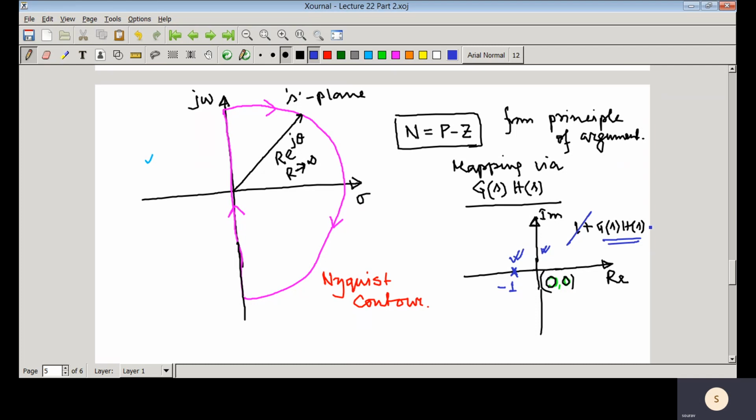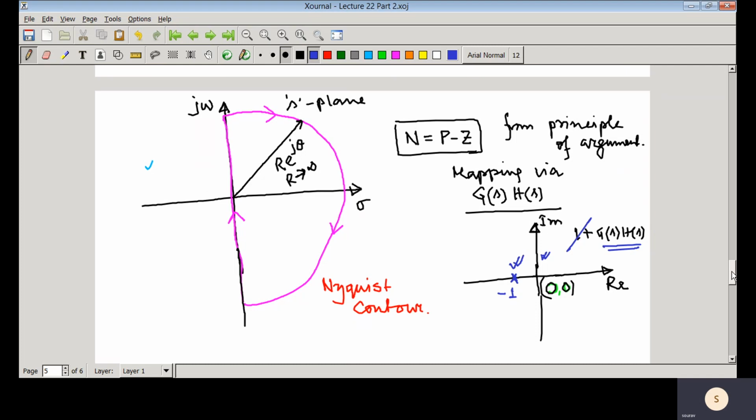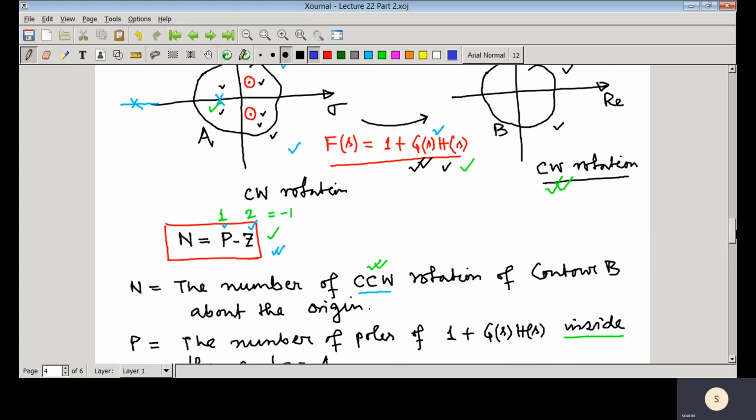Whenever the function that we have taken is 1 plus g of s h of s, we have seen that the origin is that point. So instead of 1 plus g of s h of s, if we take only g of s h of s, then that encirclement point would be minus 1, because here you can see if this is equal to 0, g of s h of s equals minus 1.